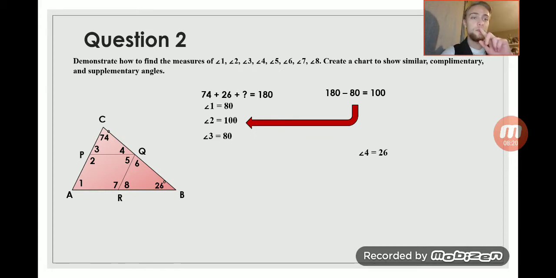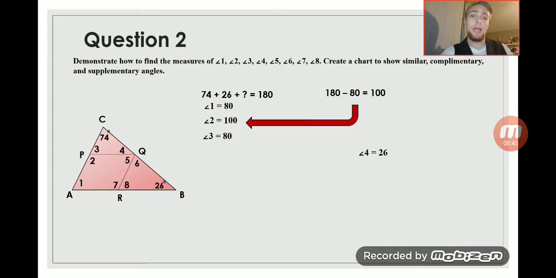Now we have angle 4 equals 26 degrees. Now why is that? You might think that since you now know angle 3 and you already have point C's angle, 74, you can just do the same trick you did with the original. You wouldn't be wrong to think that, but you would be wrong in doing so because that is actually more complex than what you need to do to get the correct answer.